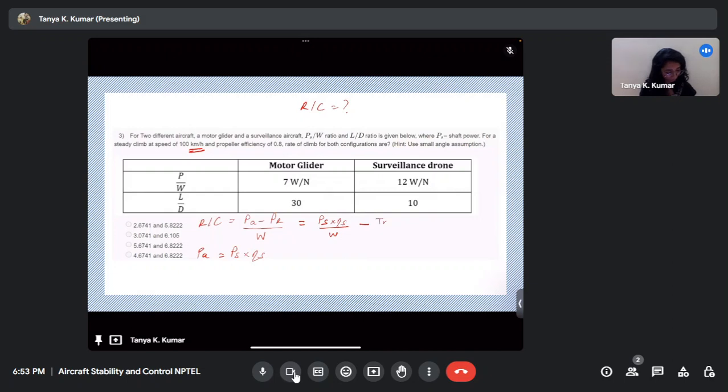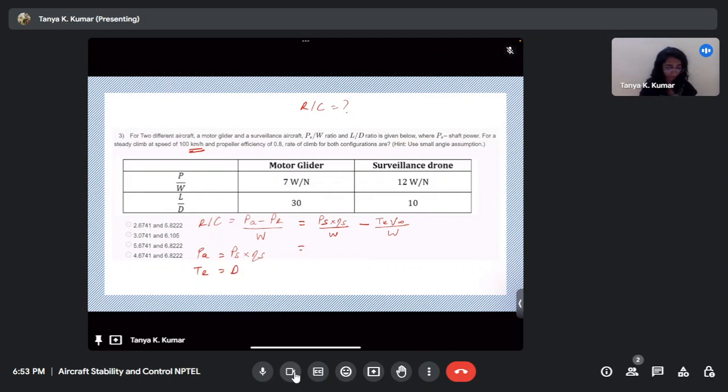So thrust required into V infinity by W. What is thrust required? If you take steady level, they've said use small angle assumption, so you can assume a steady level flight. So for a steady level flight, thrust required is drag, right? Just substitute it there and tell me what the answer is.